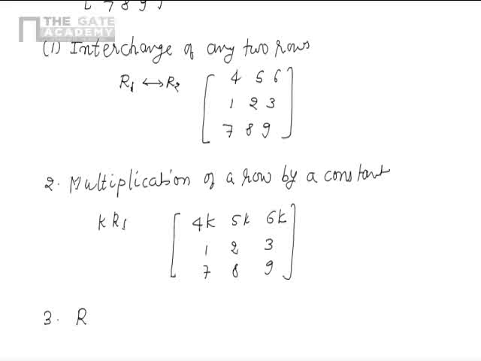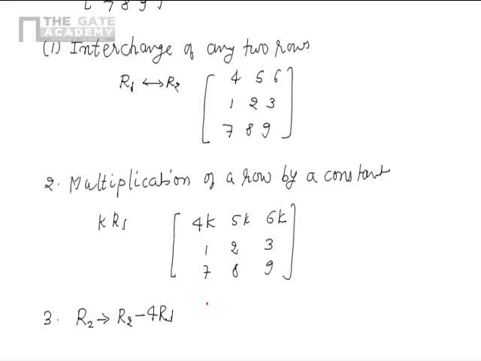In order to make this element 0, I can do the operation R2 tends to R2 minus 4R1. So any row can be multiplied by any constant, and it can be added to or subtracted from any row. This operation I can apply as an elementary transformation in the matrix.